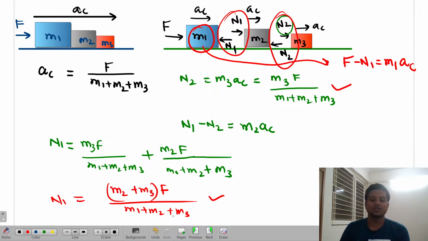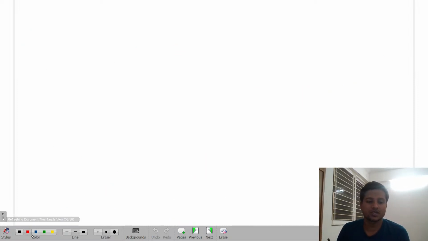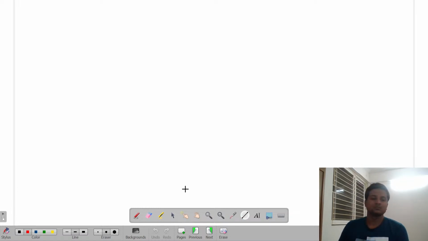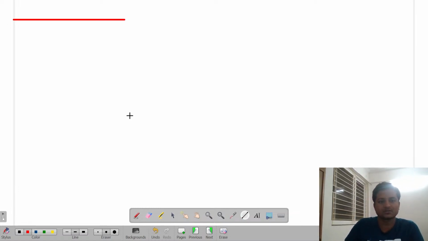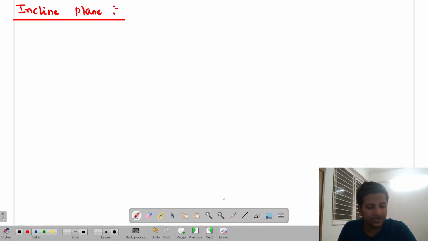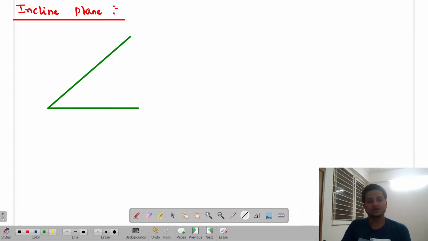Okay. So now let us do one more thing. Let us bring these blocks onto an inclined plane now. Give the heading inclined planes. Now this is going to be a little bit weird and tough, but still it is going to be amusing and easy. So consider an inclined plane. An inclined plane means a plane making an angle theta with the horizontal. Are you able to get me or not?